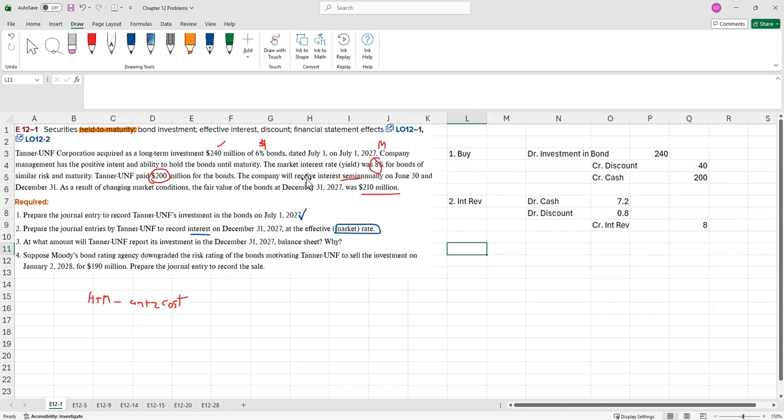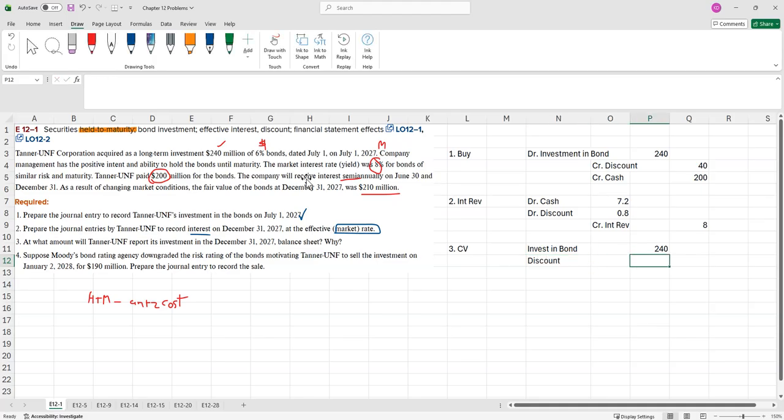All right, let's look at 3. They essentially want to know what will be the carrying value on the balance sheet at year end. So in this way, our investment in the bond was a $240 million bond. We have to back out of that our remaining discount.